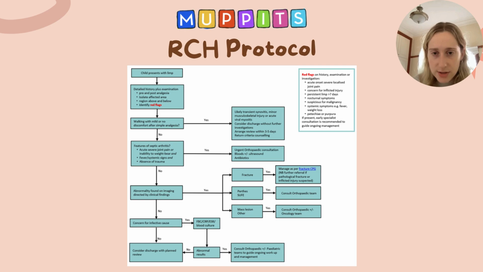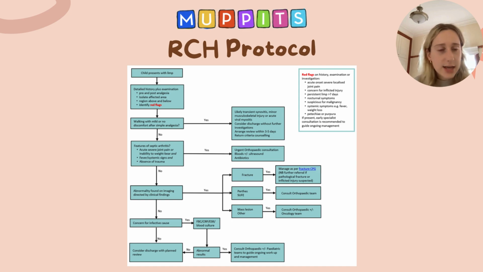If there's no features of septic arthritis, but they're unable to walk, you would have a look at your imaging, see if there's an abnormality found, and then your management's going to differ based on if there is an abnormality found. If not, and you think there might be an infective cause, you could look at your full blood count, your CRP, ESR, blood culture, and look at the results, and that's going to help determine your management as well.